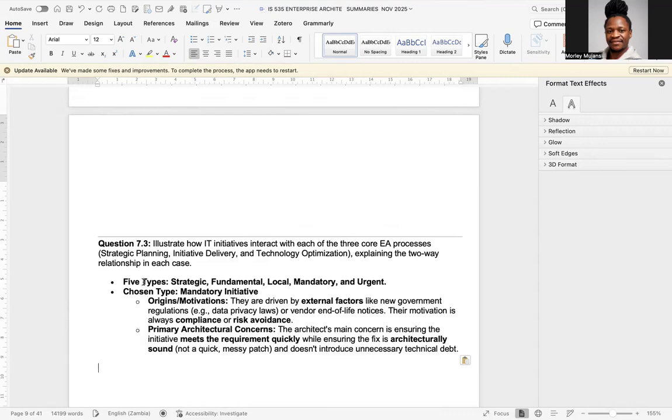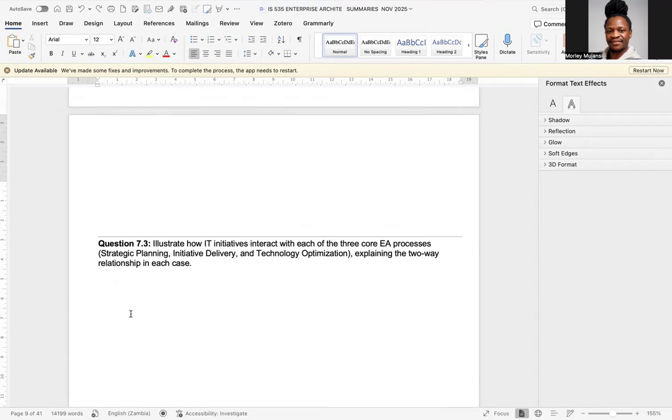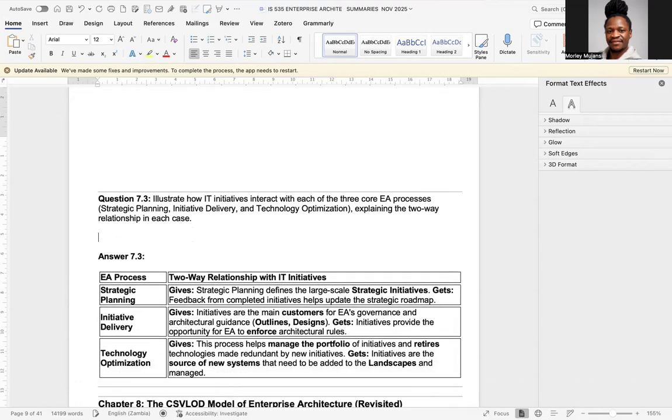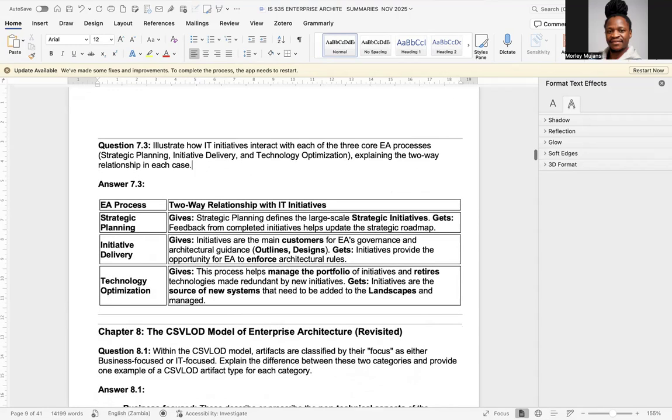So that's the two-way relationship that we're discussing. So in summary, it will look something like this. This is how your answer will be presented. We're saying that for EA planning, it defines the large-scale strategic initiatives, and it gets feedback from completed initiatives, helps update the strategic roadmap.